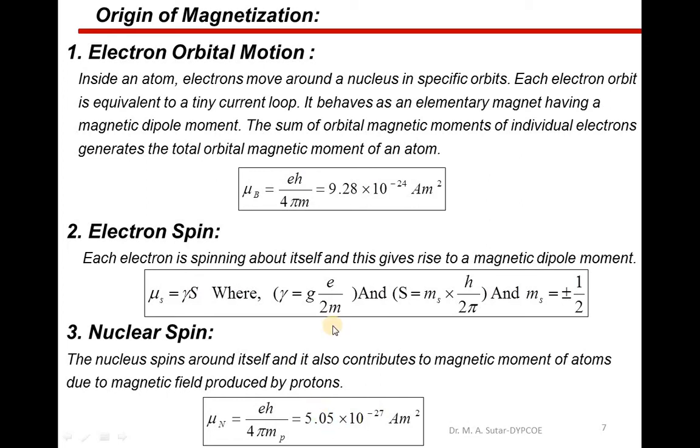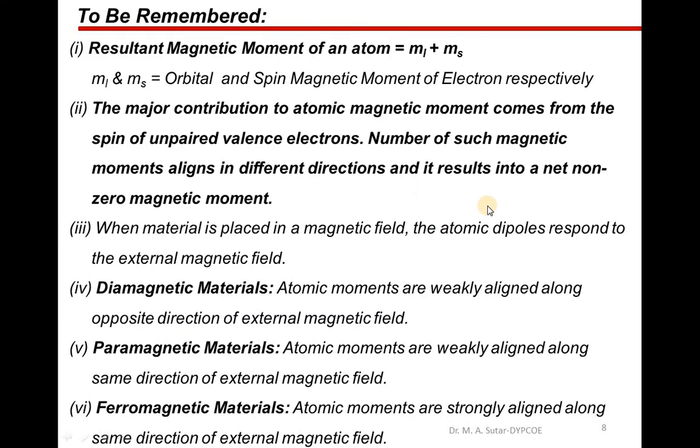So the magnetization is because of the orbital motion and the spin motion of the electron. The spin motion of the electron contributes more, and that is why spin plays a very important role in deciding the magnetic characteristics of the material.